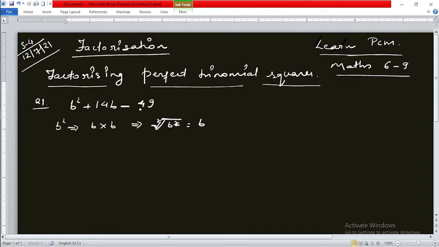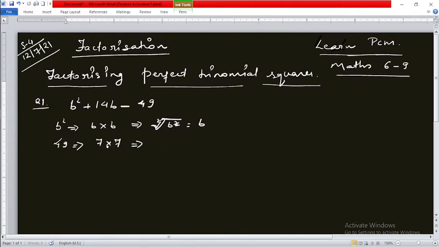And the second term is 14b, which is not a perfect square. Then let us move to 49. So 49 as well can be written in the form of 7 into 7, which gives you 49, right?